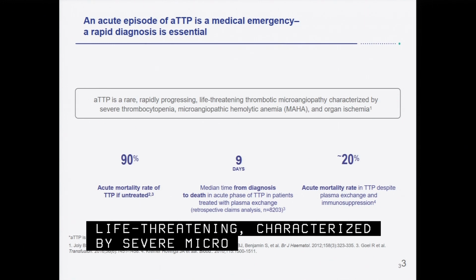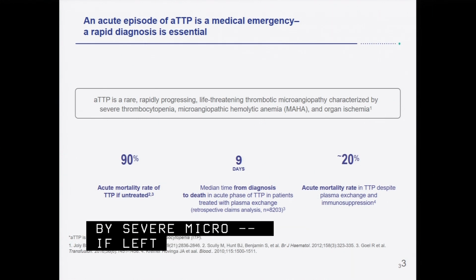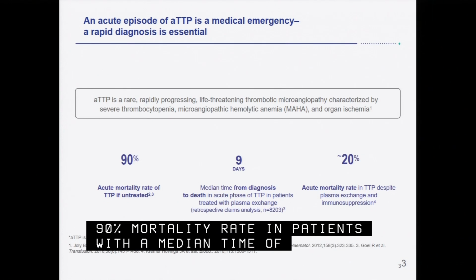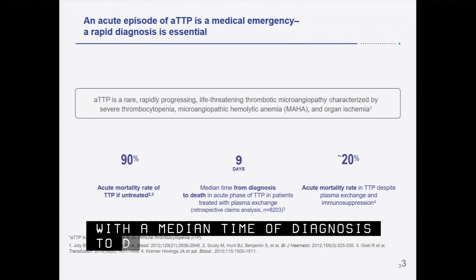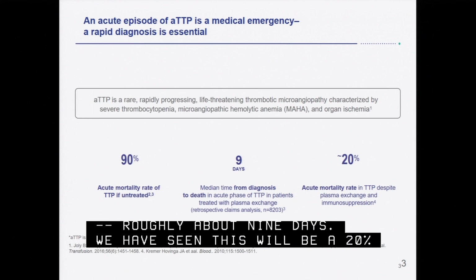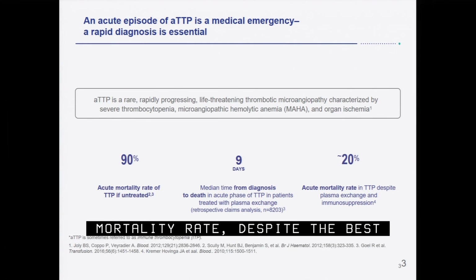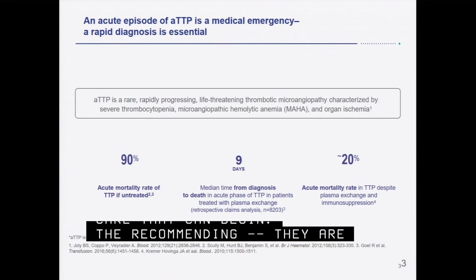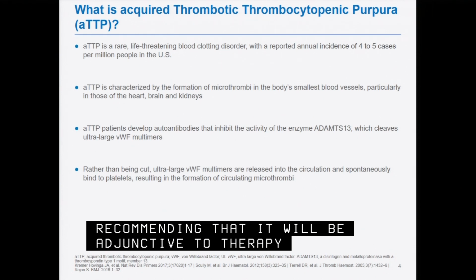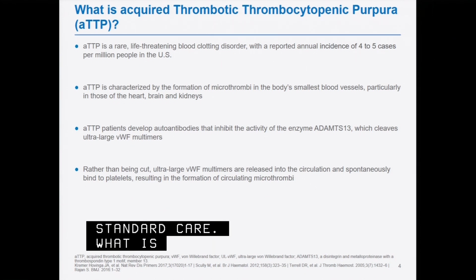Now, if left untreated, there's roughly about a 90% mortality rate in these patients, with a median time from diagnosis to death of roughly 9 days from claims data. Based upon current standard of care, we have seen that there is still roughly a 20% mortality rate despite the best care that could be given. We're recommending that caplacizumab be adjunctive to the current standard of care. What is ATTP? As mentioned before, a rare life-threatening blood disorder, with a reported annual incidence of 4 to 5 cases per million in the United States.